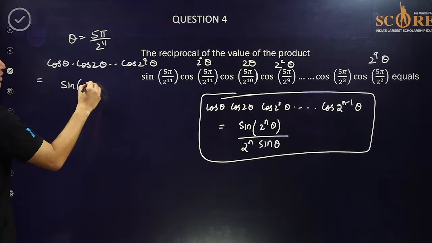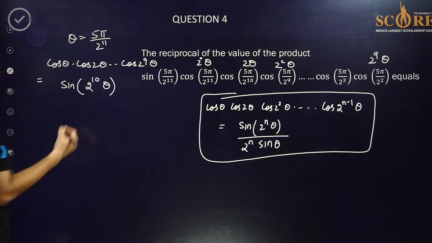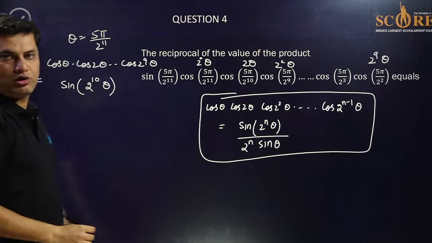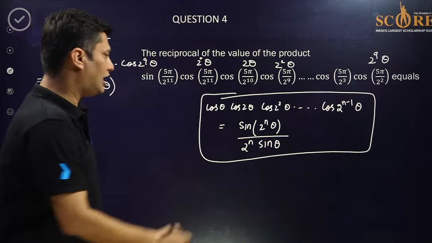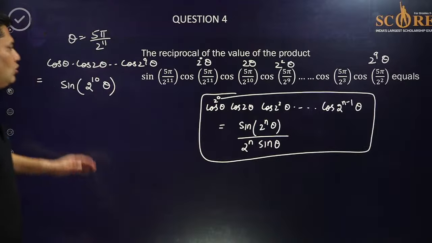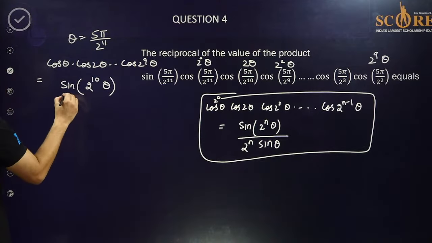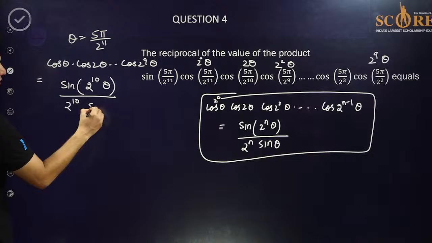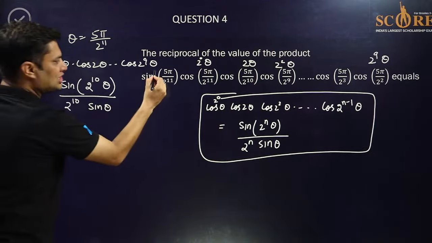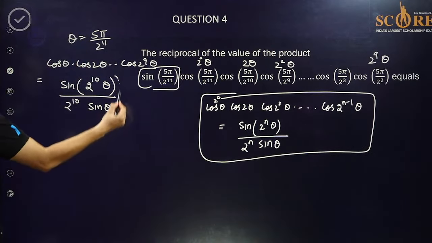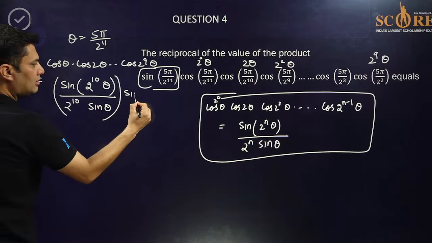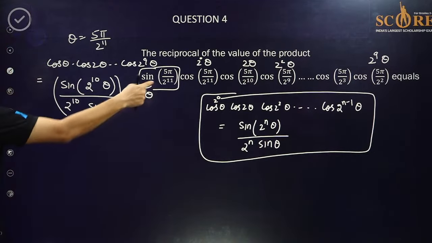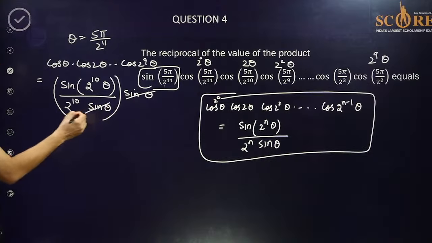Sine of 2 to the power total terms, theta, because you are going up to 2 to the power n minus 1, starting with 2 to the power 0. So total 10 terms, upon 2 to the power 10 sine theta. And you have one extra term, which is sine theta. This is also theta, no? Sine theta cancelled out.